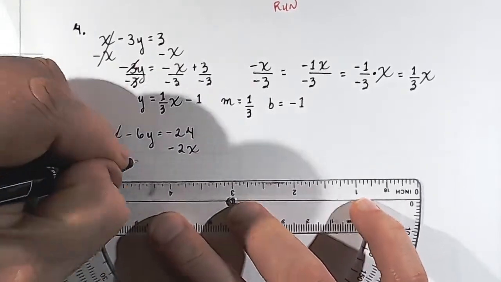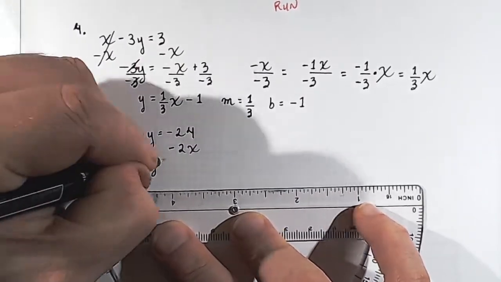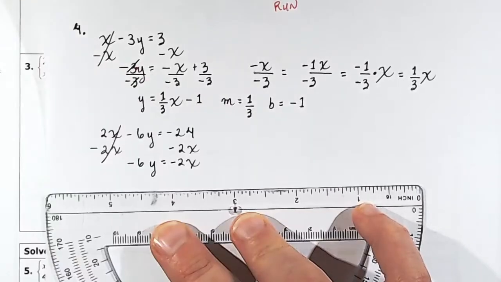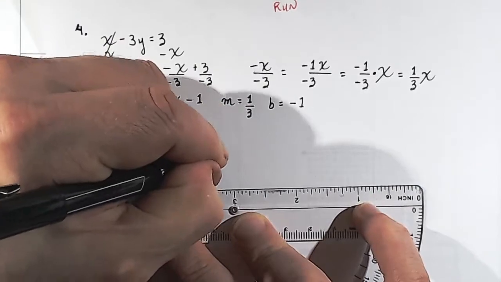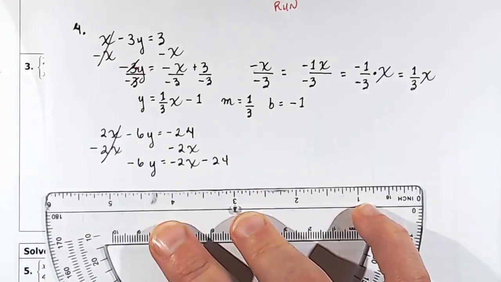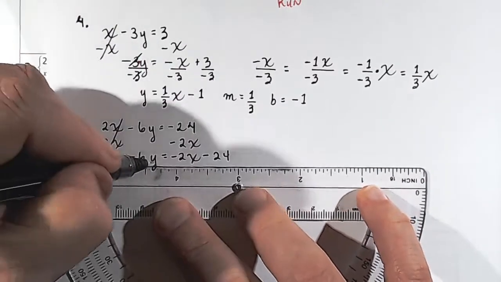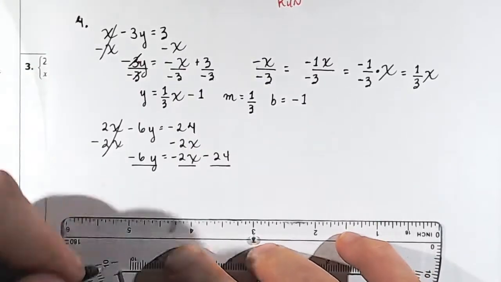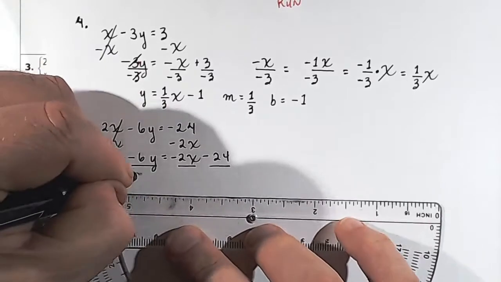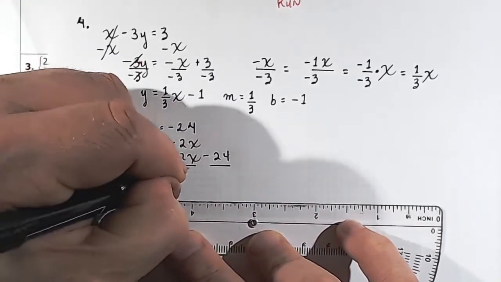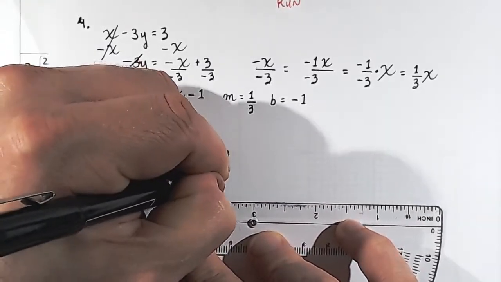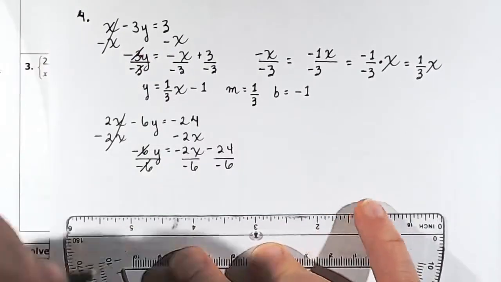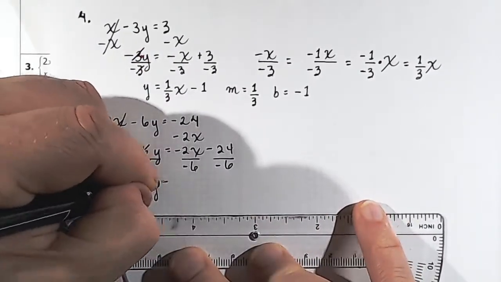And now we have negative 6y equals negative 2x minus 24. Okay, and my final step is to divide every single term in this equation by the y coefficient, which is negative 6. Okay, these negative 6's cancel, and I have y equals.